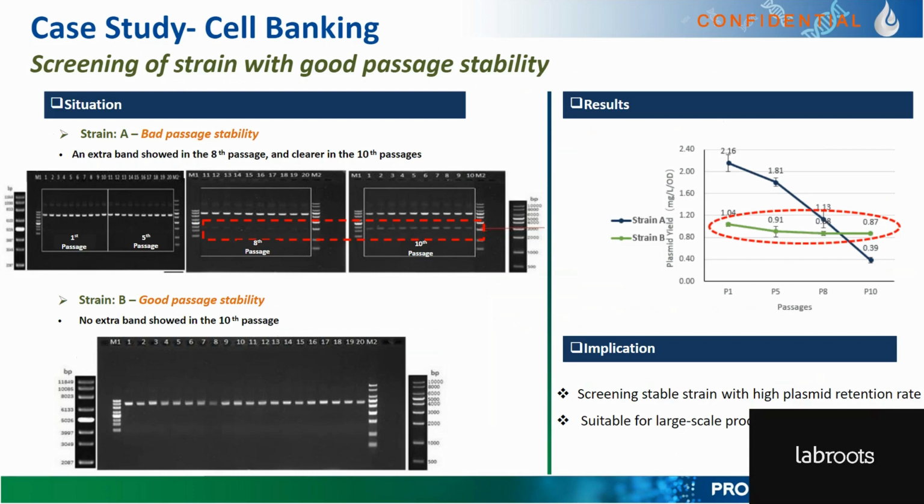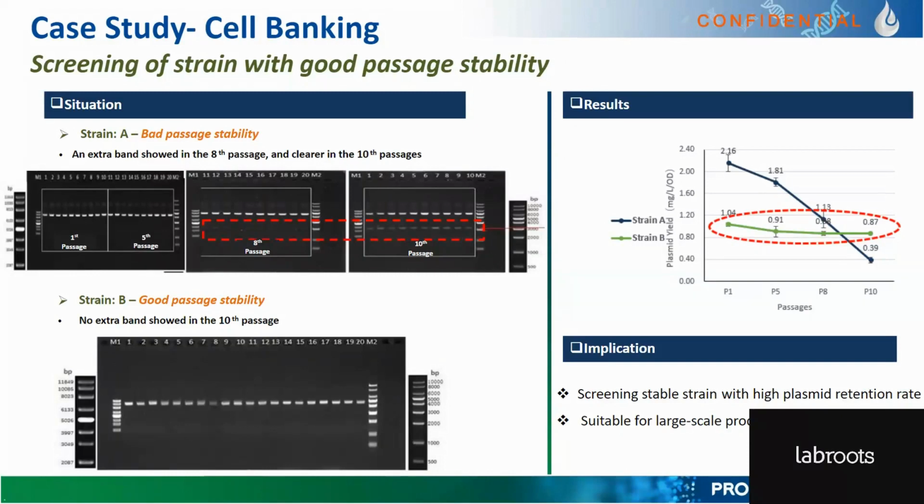So over here, we'd like to show some of the case studies that we have. This case study demonstrates the importance of strain screening and that selecting a strain with good passage stability for cell banking is critical. A poor passage stability strain was found to exhibit an extra band at the 8th passage, and this could be because of the same origin conflict. The extra band becomes even more pronounced at the 10th passage.